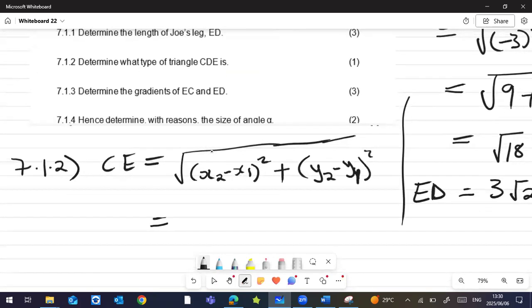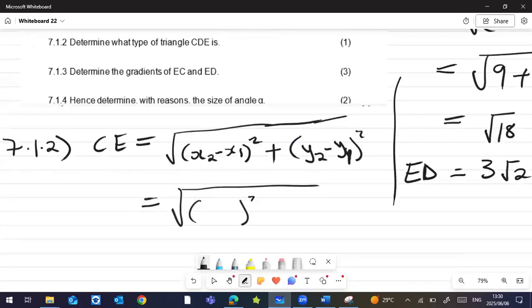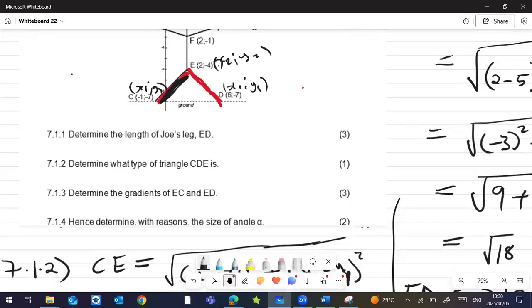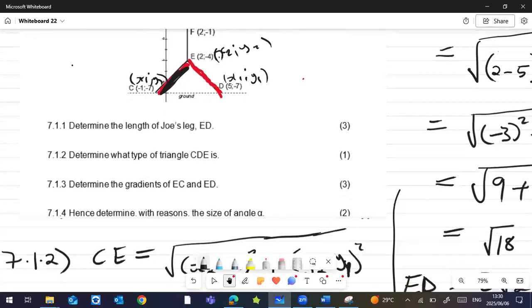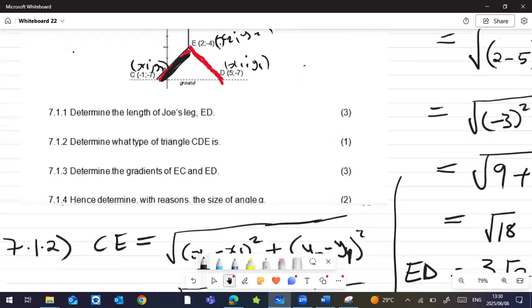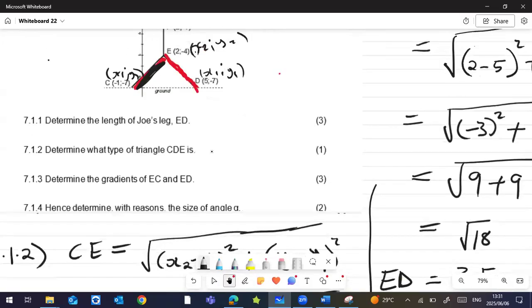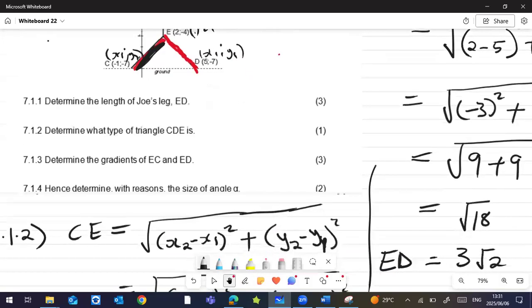Then we can substitute. According to our choice on that CE, our x2 is 2, minus our x1, which is minus 1. So it will be 2 minus minus 1, which ends up being 2 plus 1. Then for the coordinates, y2 is minus 4, and then y1 is minus 7.